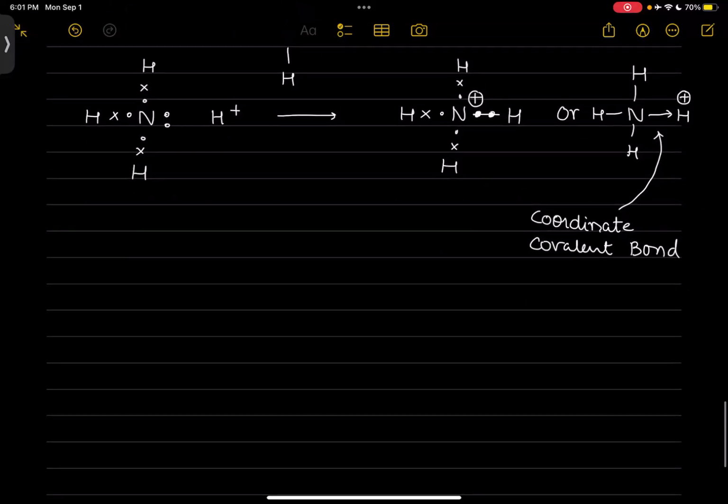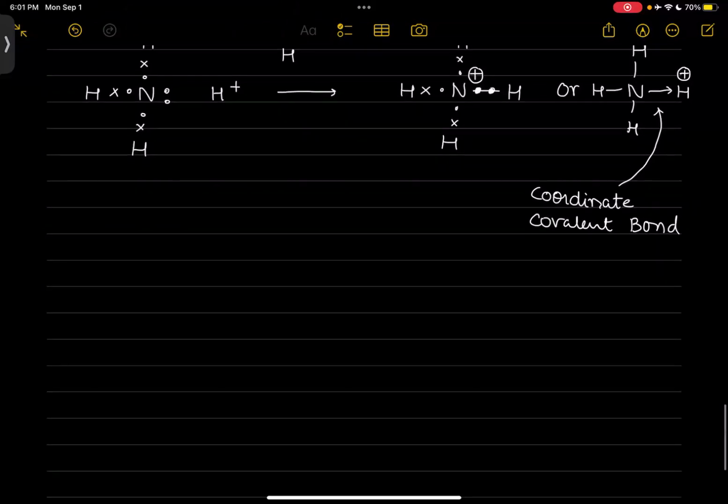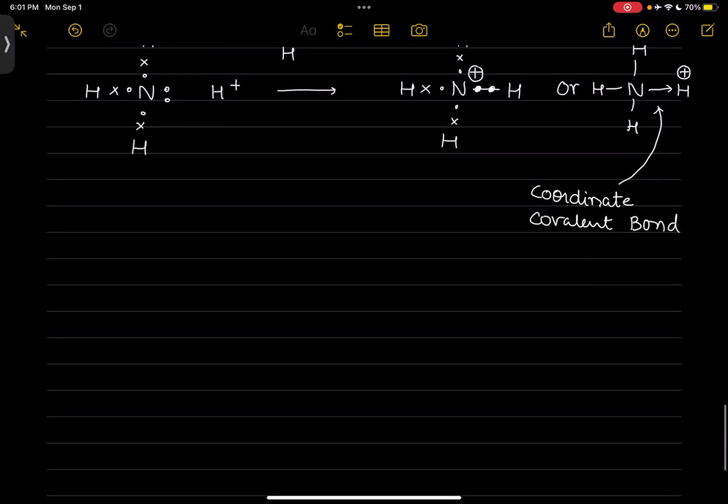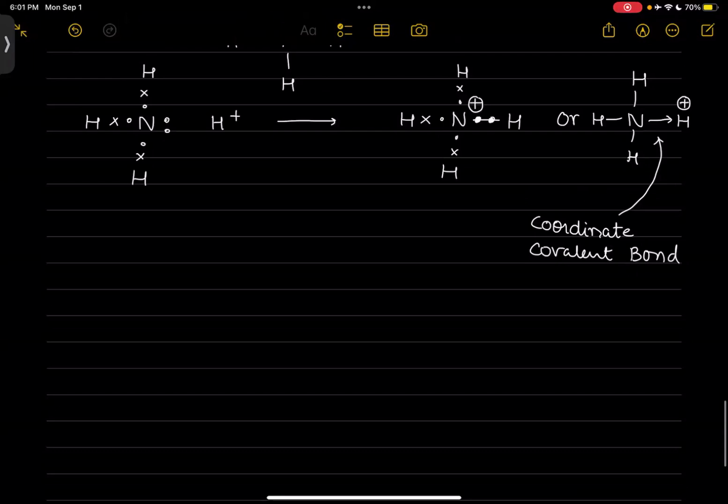But be careful that this octet rule is also violated. Why is it violated? It is violated because sometimes you have certain elements which have more than 8 electrons, or less than 8 electrons, right?